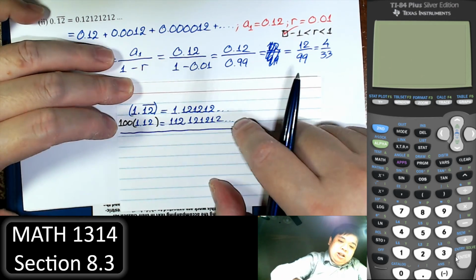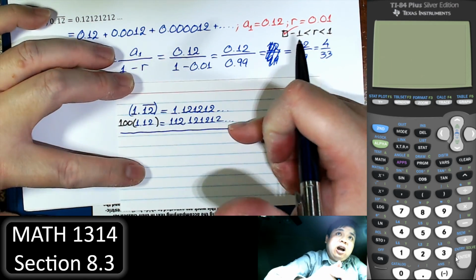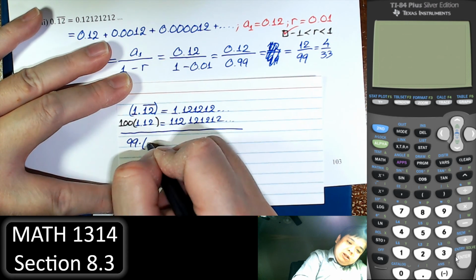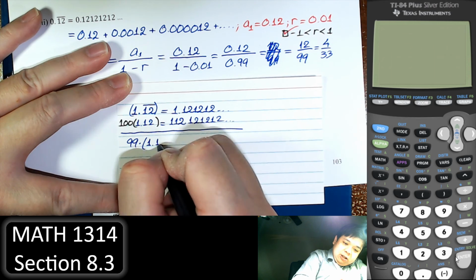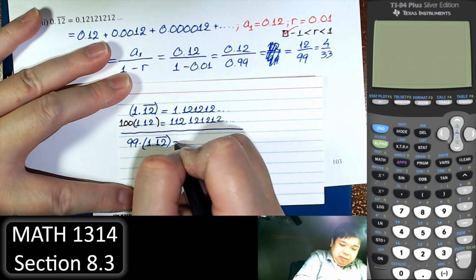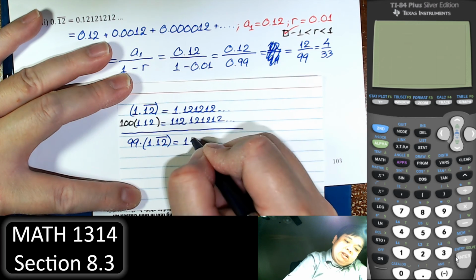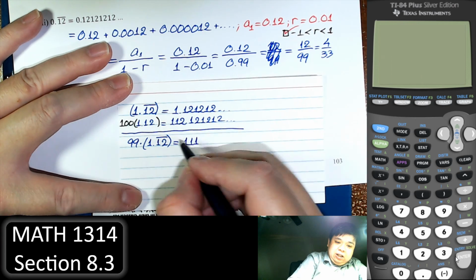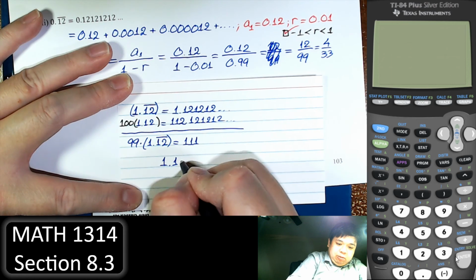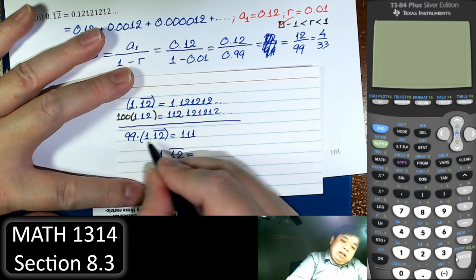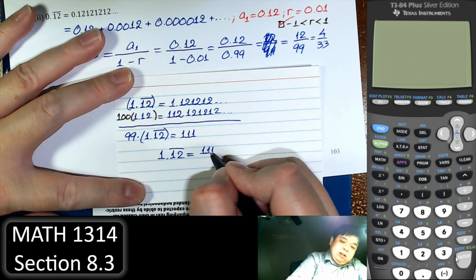If we subtract the first line from the second line, we have 99 times that number, and all the decimals cancel out. 112 minus 1 is 111. So 1.12 repeating is 111 over 99.